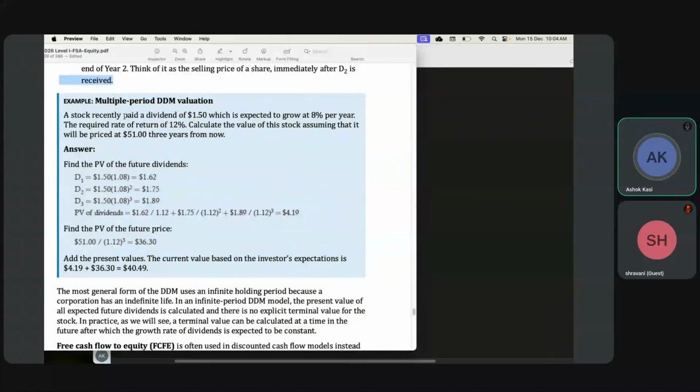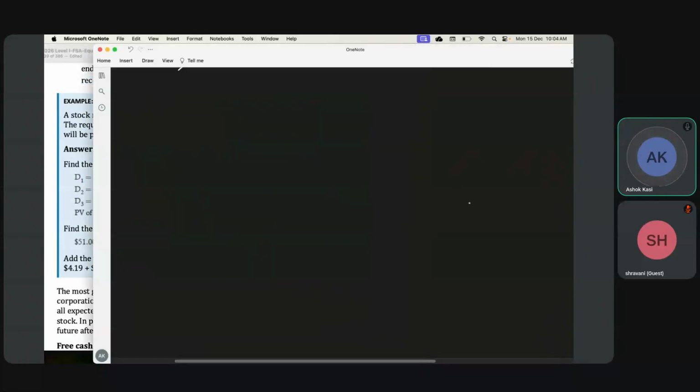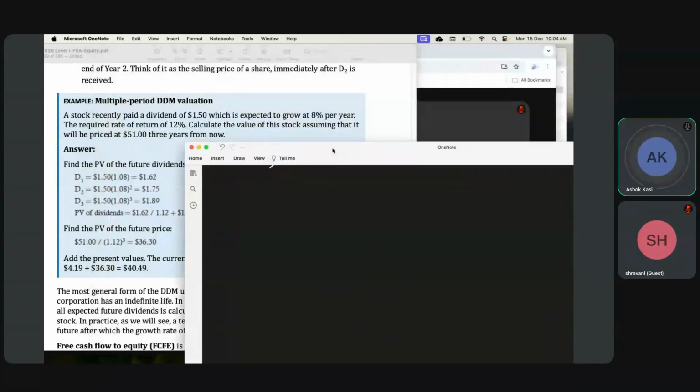Okay. So this is a multiple period dividend discount model valuation. Recently paid 1.50, expected to grow at 8% per year. So 1 plus 8%, just calculate this.